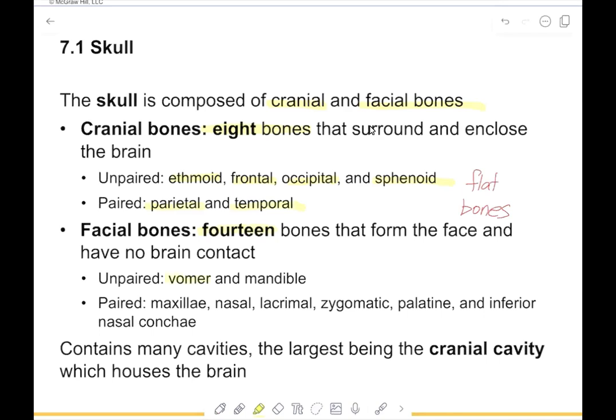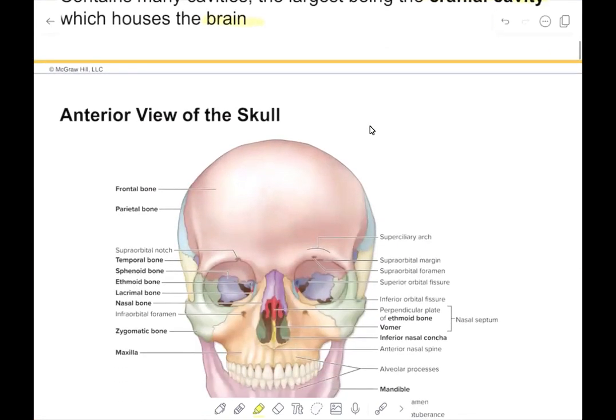The unpaired ones would be the vomer and the mandible, while the paired ones would be the maxillae, nasal bones, lacrimal, zygomatic, palatine, and inferior nasal conchae. So there are many cavities in the facial bone region, as well as the rest of the skull. And so obviously the largest of those cavities would be the cranial cavity, which houses the brain.